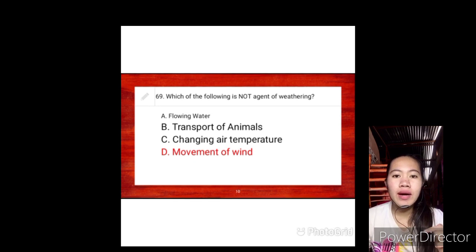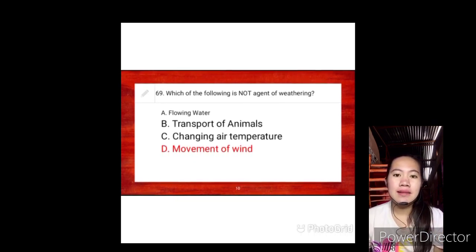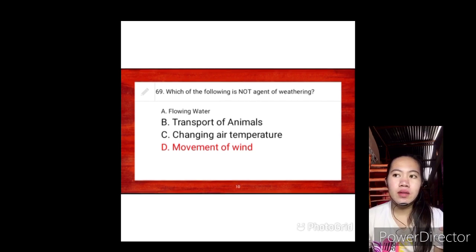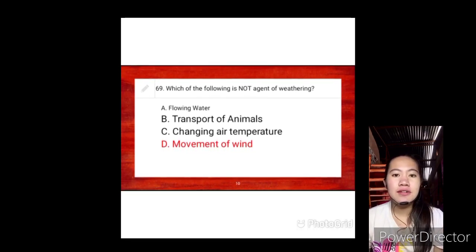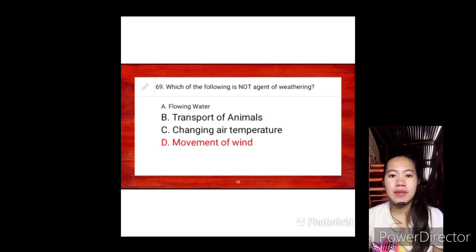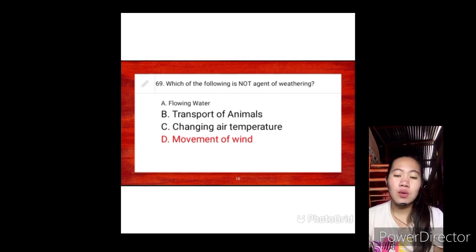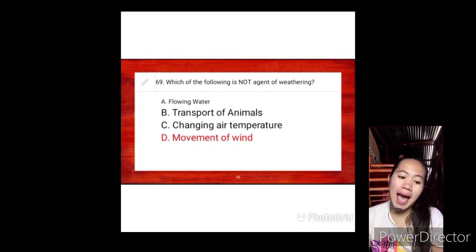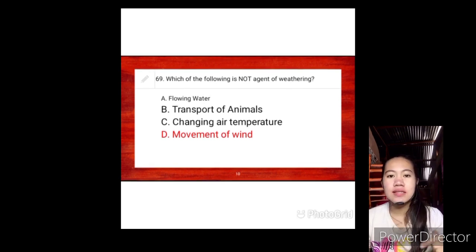So before I go to the answer of this question, let me speak to you the different agents of weathering. The agents of weathering are water, ice, acid, salts, plants, animals, and changes in temperature.